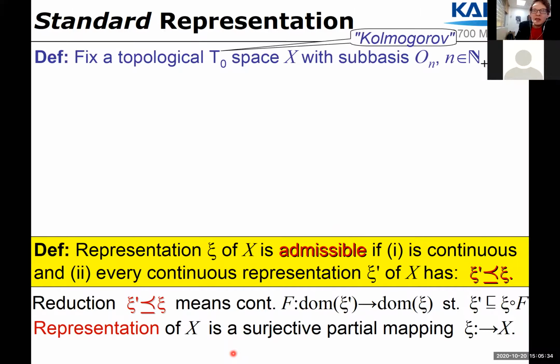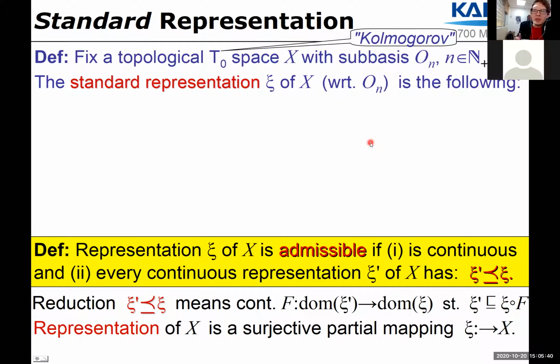Okay, and if we have such a space, this is sometimes also called a Kolmogorov space, then we can define a representation generically without even looking at other properties of the space rather than its topology. And this we'll call the standard representation with respect to this subbase.